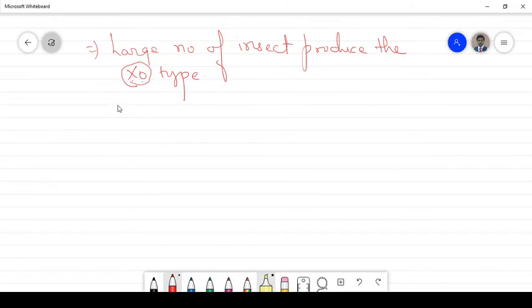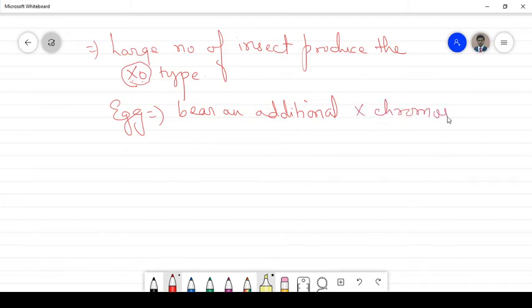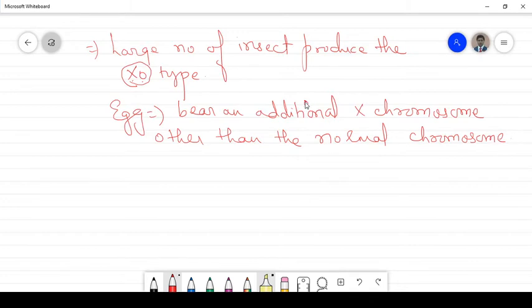Now if the eggs bear an additional X chromosome other than the normal chromosomes, which are known as the autosomes. So despite the autosomes, they carried an additional X chromosome, which we now call the sex chromosome, children.